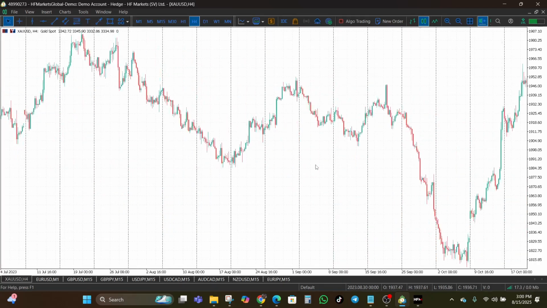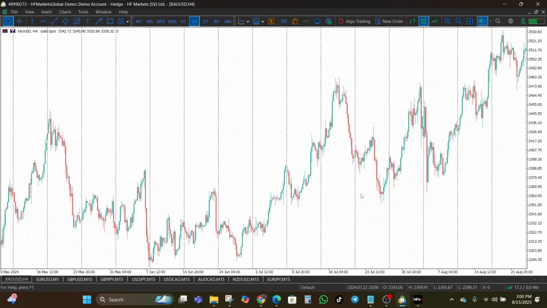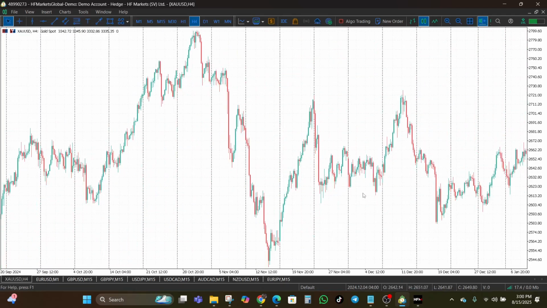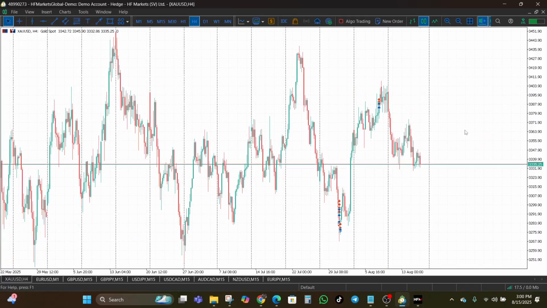The next thing is time frame selection. Your trading time frame should match both your lifestyle and your personality. If you enjoy quick decision making and you have time to watch the charts closely, you might choose the 1 minute or the 5 minute chart for scalping.